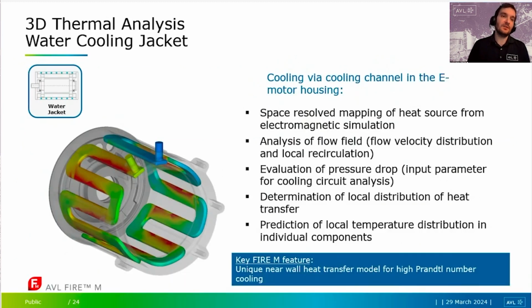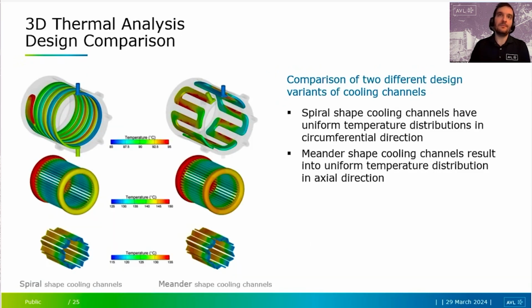So this is a study where we're going to talk about thermal analysis of a water jacket within the e-motor. And there's a couple of different designs that you can do here, and what you're seeing here is basically the meander shape of a water jacket within the motor. So you're seeing the cooling channels going back and forth lengthwise of the motor.